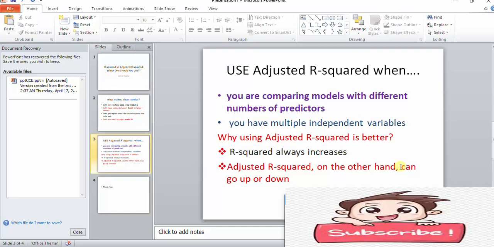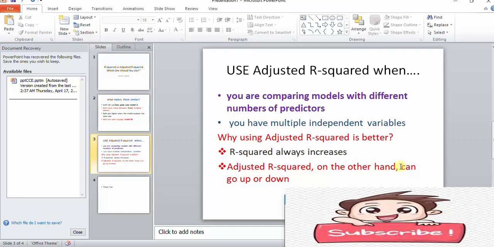When you add an unnecessary variable to your model, R square will increase or stay the same, but adjusted R square decreases for the incorporation of additional unnecessary variables, and it increases if the new variable has importance or significance for the improvement of the model.